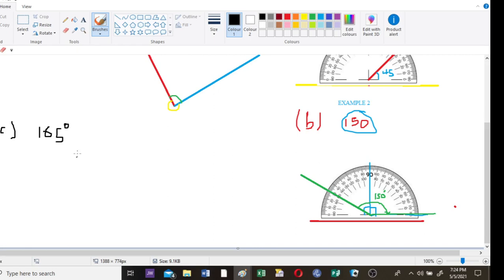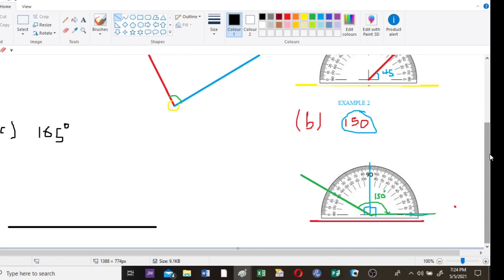The first thing you do is you need to find where you are going to get your two lines to meet. So we have this line which is 180. We know this one is a straight line, but we want an angle of 165.